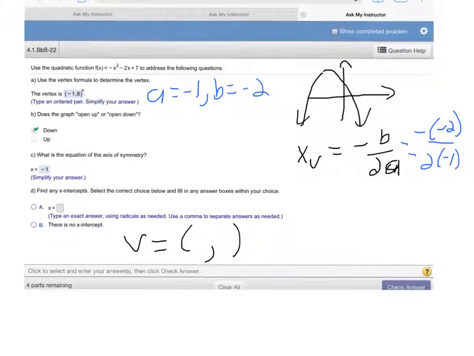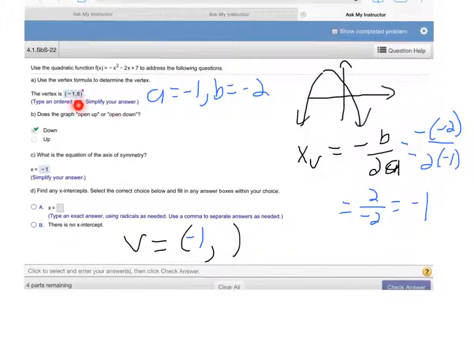All I've done is substitute the negative 2 and the negative 1 in for b and a. Doing the arithmetic, that's a positive 2 in the numerator and negative 2 in the denominator, so the x-coordinate is negative 1. I have half the answer, and that agrees with what's up here, which is good.